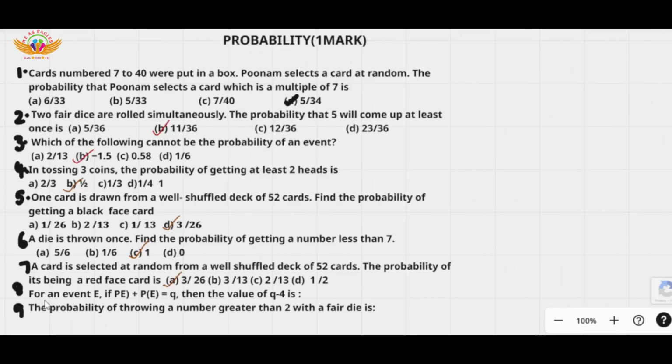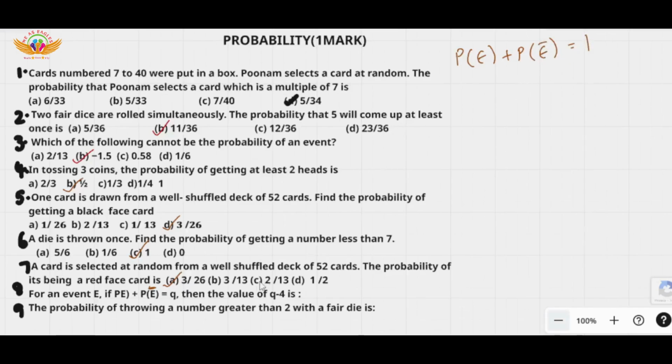Eighth one. For an event E, probability of E plus probability of E is equal to Q. Sorry, this is probability of E plus probability of E bar. It's a printing mistake. Then find the value of Q minus 4. It's a very easy question. This is a standard formula: probability of an event plus probability of its complementary event will always be equal to 1.